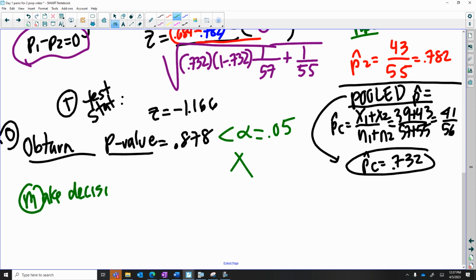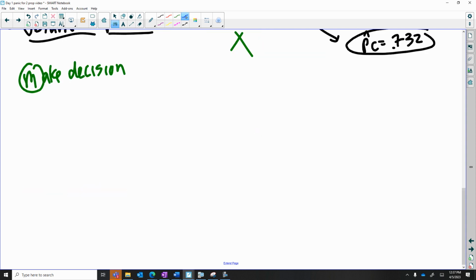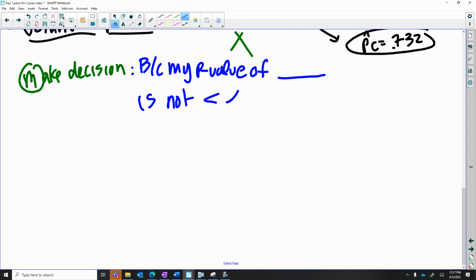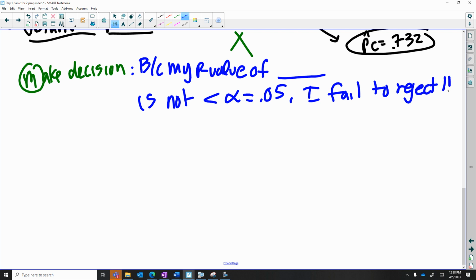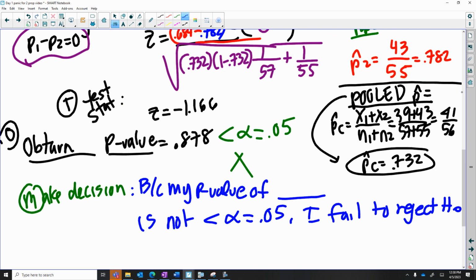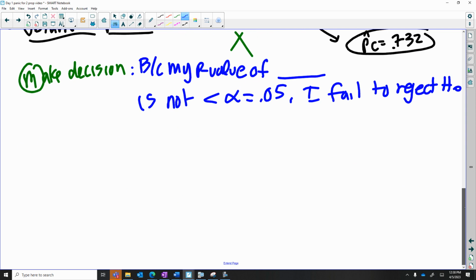You're going to say, because my p-value of 0.878 is not less than alpha equals 0.05, I fail to reject H0.